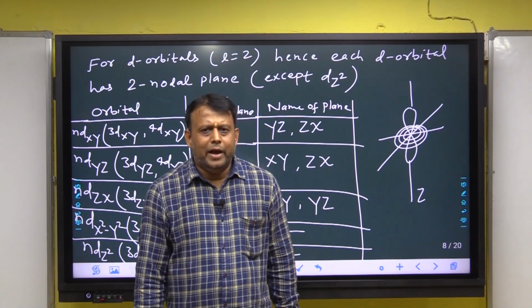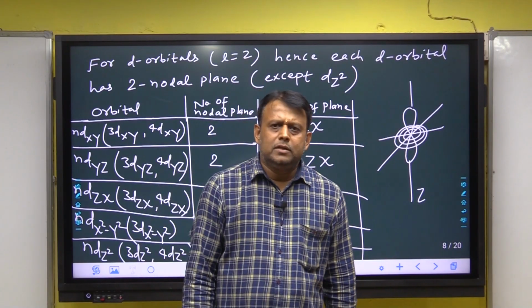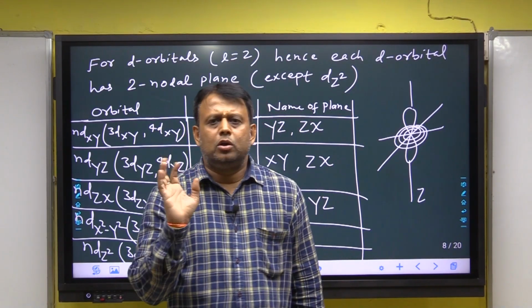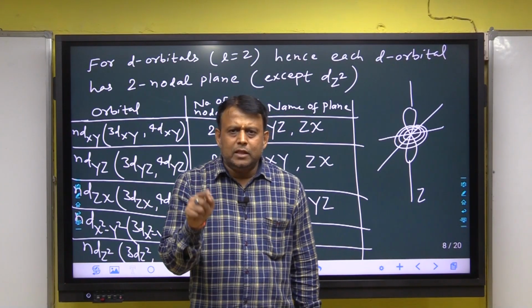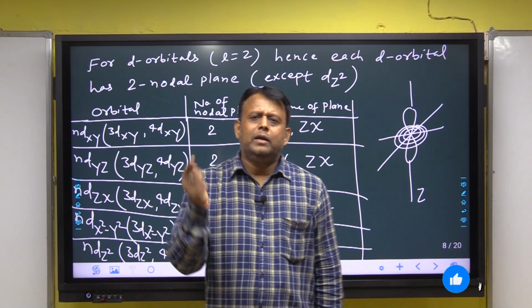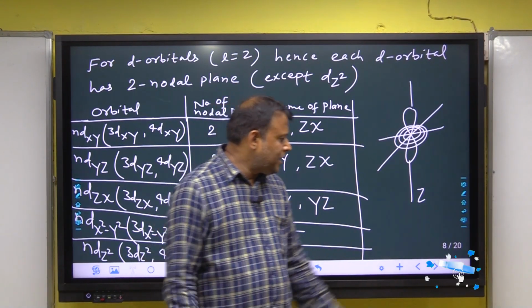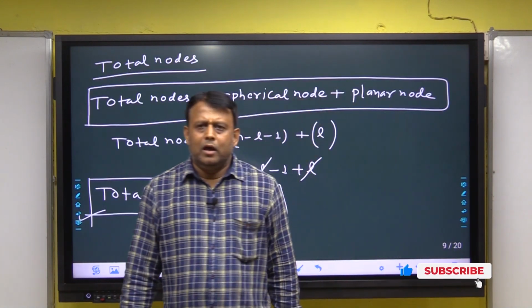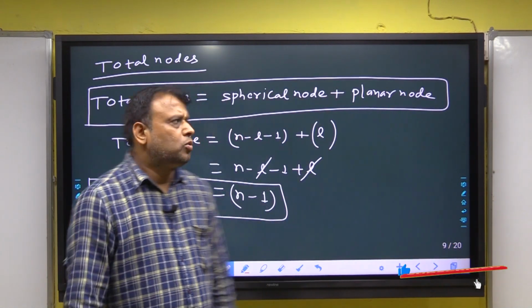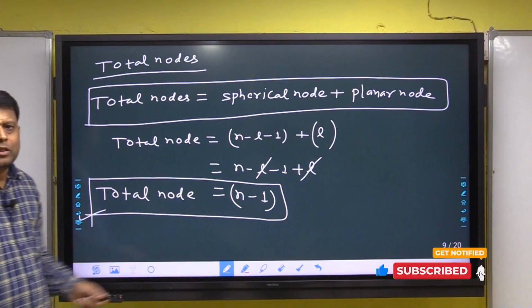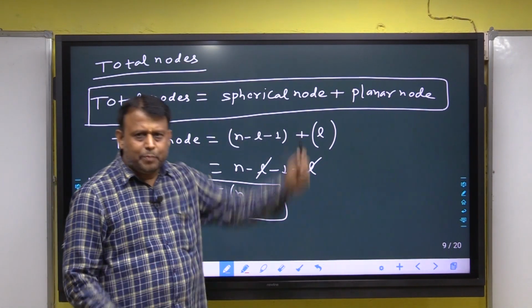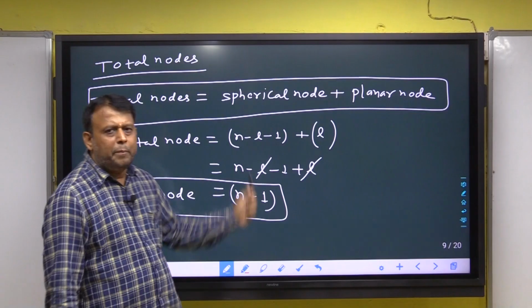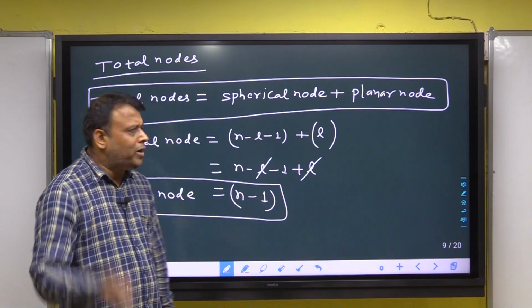Clear? And now I will discuss total nodes. Total nodes means the summation of radial nodes and planar nodes. That means spherical node plus planar node is equal to total nodes. We know the formula of spherical is n minus L minus 1.